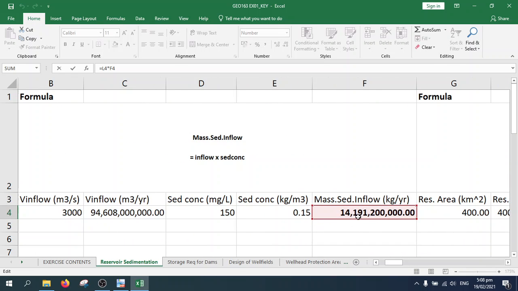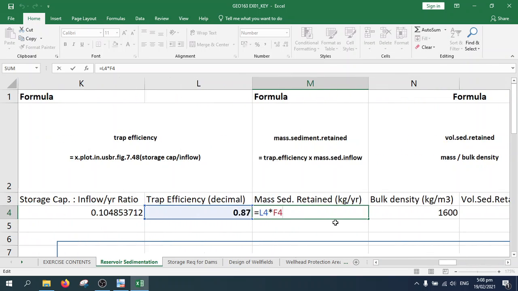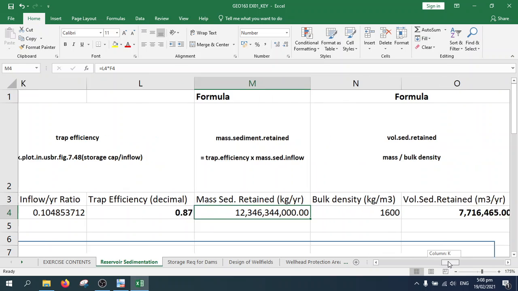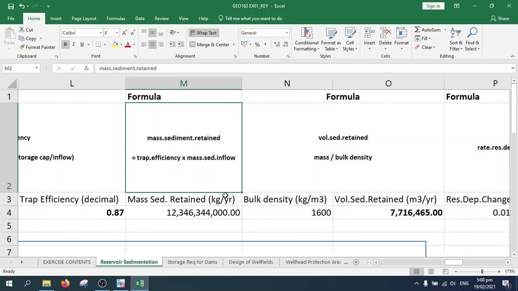So we have a value of 14.2 billion kilograms of sediment per year. Now multiply that by your trap efficiency of 0.87, you get a value of 12.3 billion kilograms per year. So that's how much sediment is being retained or accumulated in your reservoir dam.